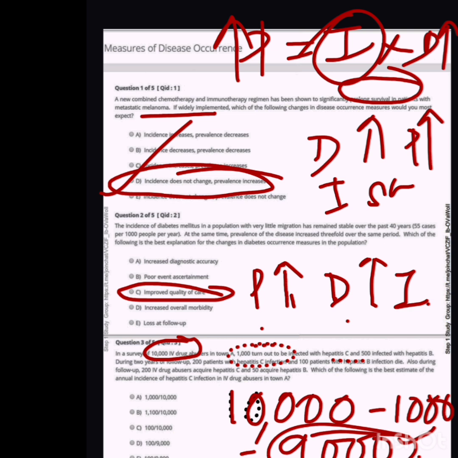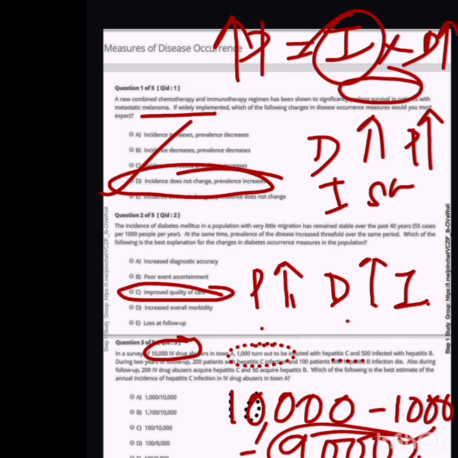The question is the best estimate of the annual incidence of hepatitis C infection in IV drug abusers. Annual incidence means 1 year. It's written that during 2 years of follow-up, 200 patients with hepatitis C infection and 100 patients with hepatitis B infection died.